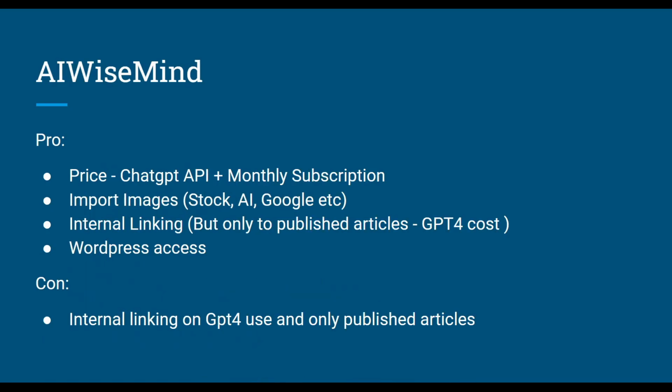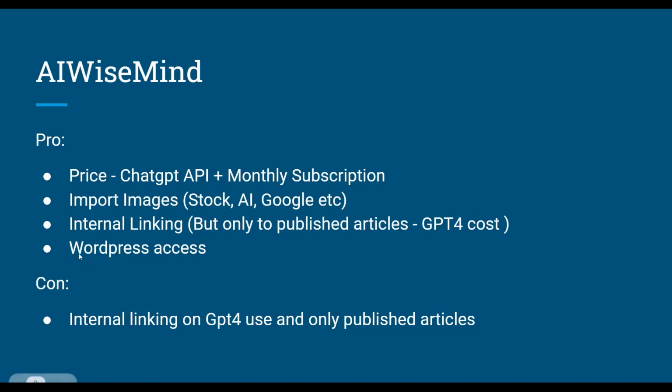AI WiseMind, it's a monthly subscription, but besides that, it uses the ChatGPT API, so you're paying for that. It has import images, stock images, and AI created images. Again, depending on your niche, this can be good or bad. It has internal link, but only to published articles, and it puts an extra cost of GPT-4 on your API.